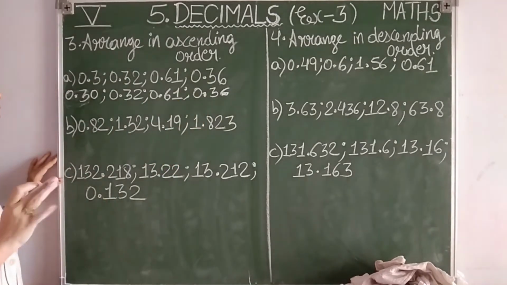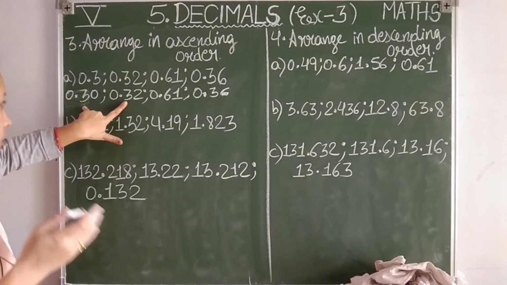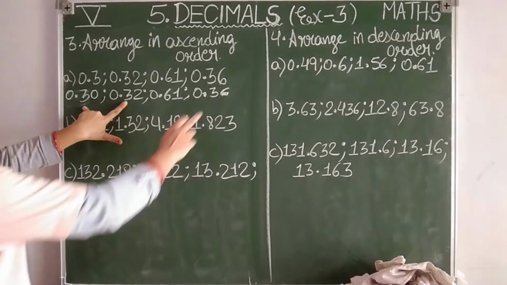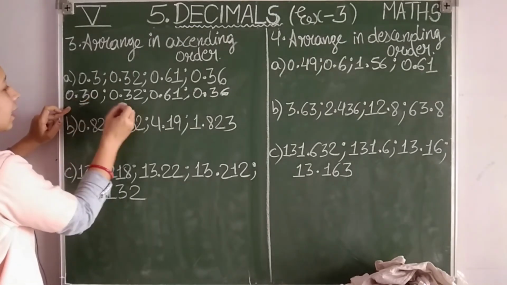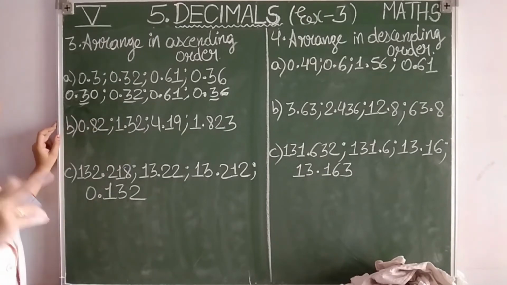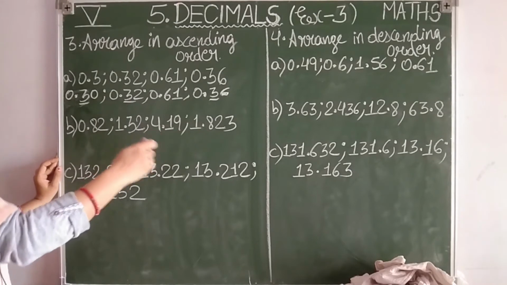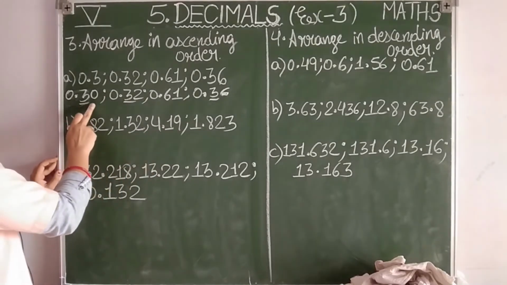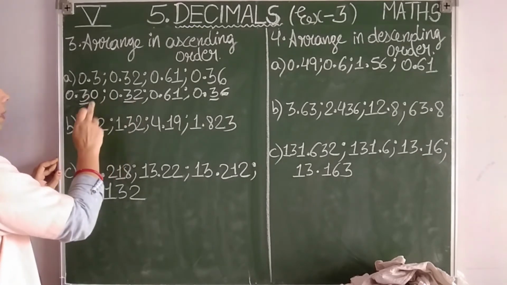So which tenths place is smaller, students? Here we can see both digits at the tenths place are 3 in only 3 of the decimal numbers. Here 3, let me underline, here 3, here 3. So among these 3 numbers only we will get our smallest decimal number. Now, sorry, we will be checking the hundredths place.